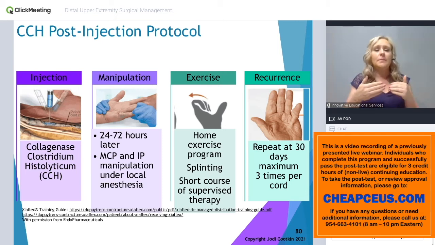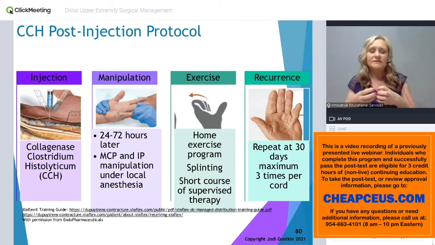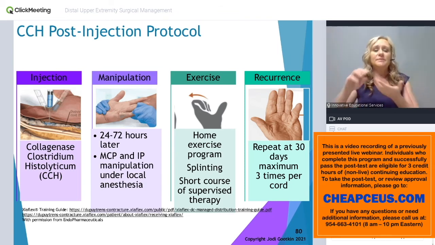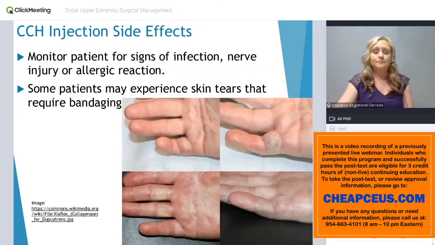During that time, the collagenase is lysing and breaking down that cord. Patient comes back in, the physician mobilizes it to break up and restore the range of motion. Basic home exercise program, range of motion in all planes, and then usually the patient has pretty good recovery.